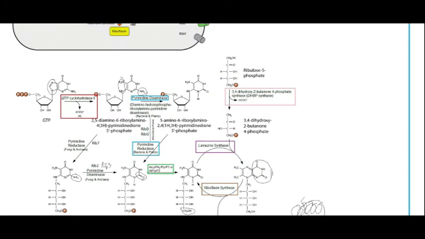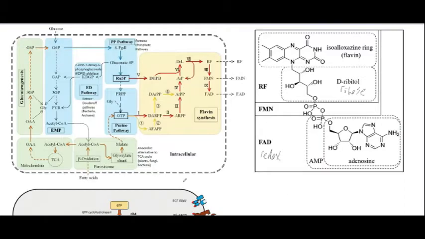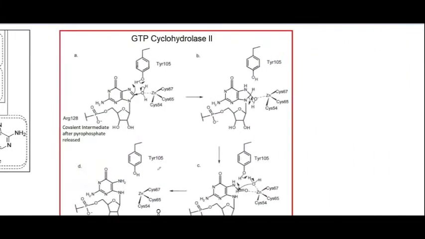So the first reaction, like I said, is the GTP cyclohydrolase 2, and it's called 2, meaning obviously that there is a 1 version, and the 1 version is actually used by bacteria for making folate, and in animals it's used to make a molecule called tetrahydrobiopterin, which is used as a cofactor in neurotransmitter synthesis.